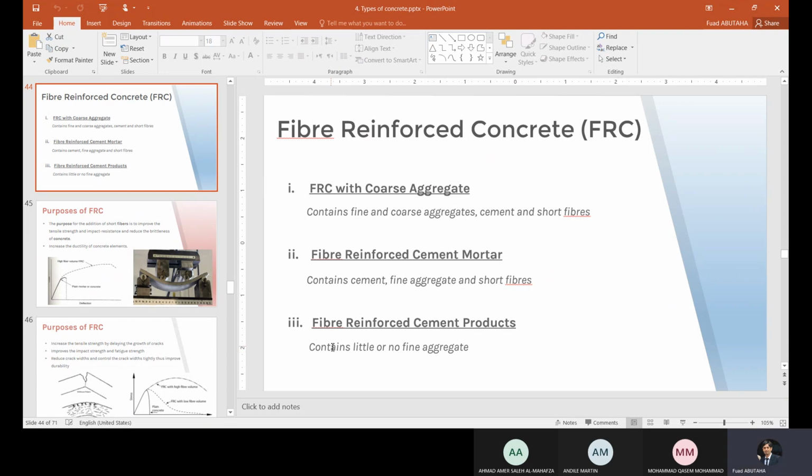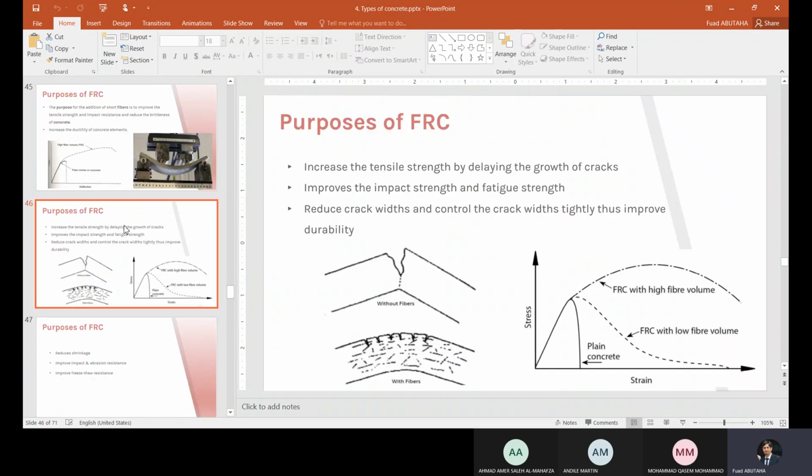So fibers can be used in different ways, with the concrete, with the mortar, or with the paste. What is the purpose? Why do we need to use fiber inside the concrete? Actually, the main purpose of fibers in concrete is to increase its tension properties.